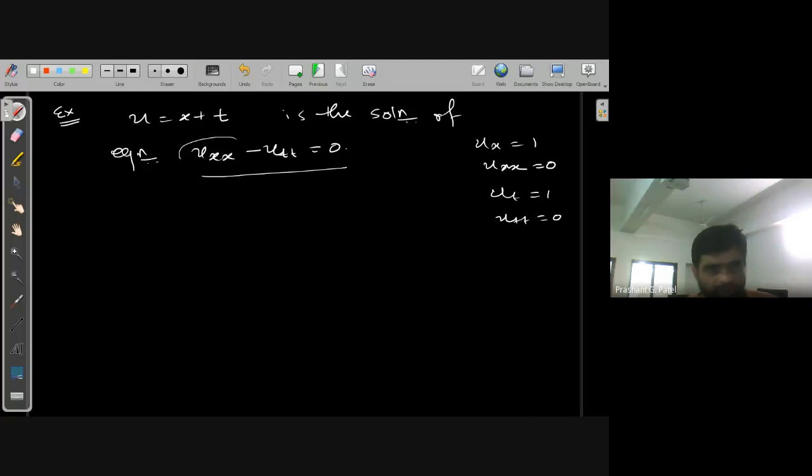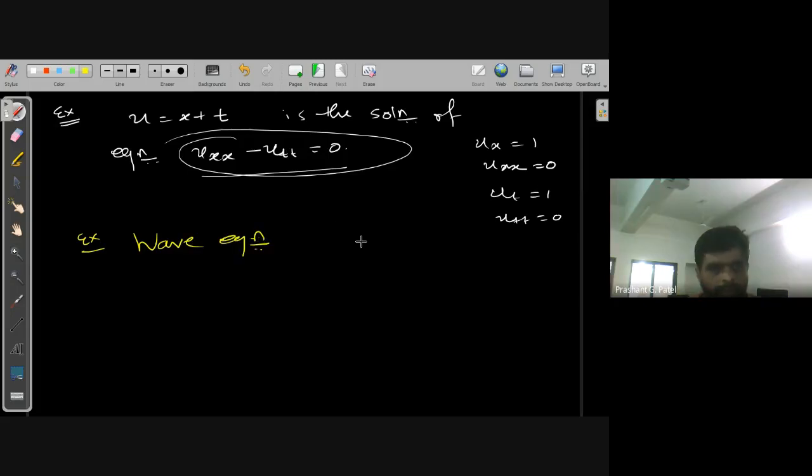In fact, the equation which I have written here is also an example of a wave equation. So in the previous lecture, we discussed that the wave equation is described as yxx is equal to 1 upon c square ytt. So any equation of this form where y is a function of x and t is known as a wave equation.